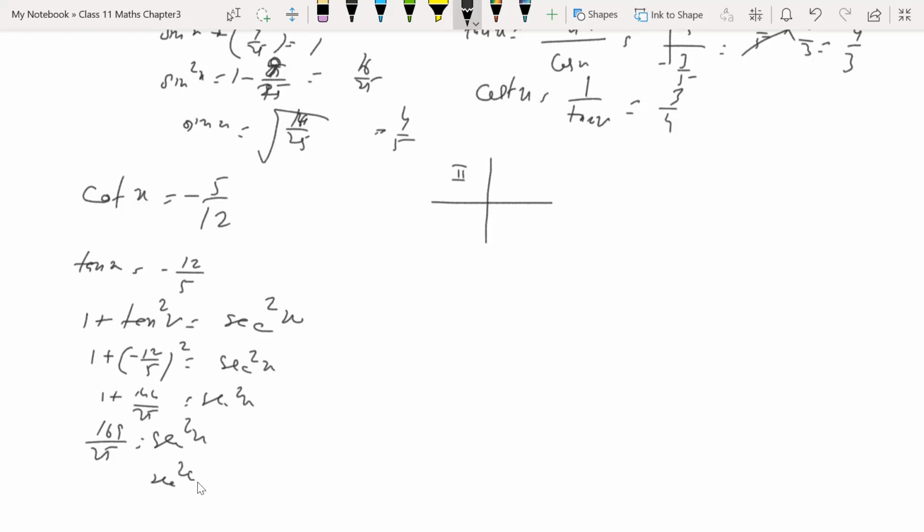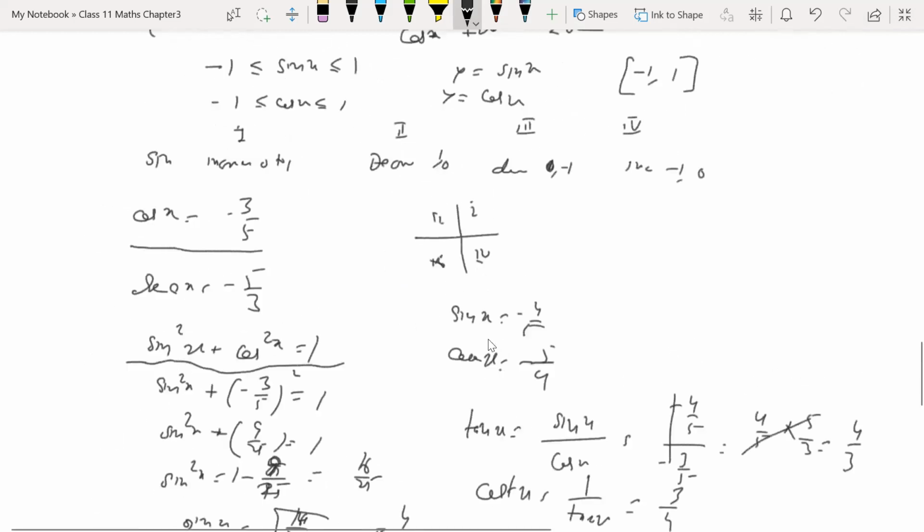And secant x is root of 169 by 25, which becomes 13 by 5. In the second quadrant, secant is negative, hence secant x is minus 13 by 5. Cos is minus 5 by 13.